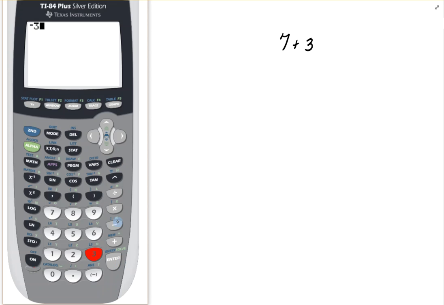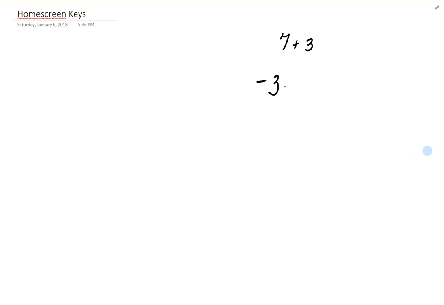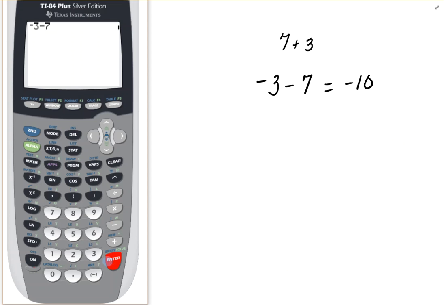And then if I want to subtract something from it, now that's an operational sign, then I could put the minus sign, 7. So that is -3 minus 7. And that's going to give me -10. And sure enough, push enter, and there is our -10.